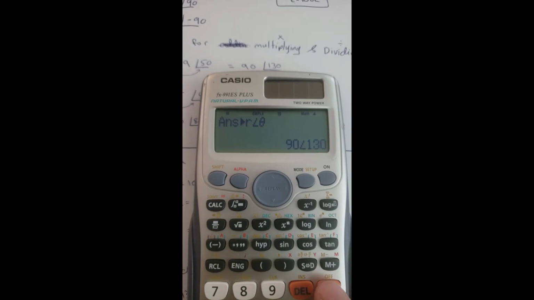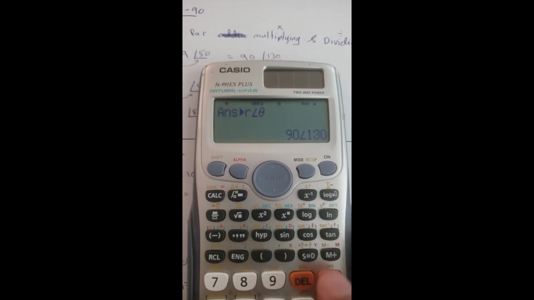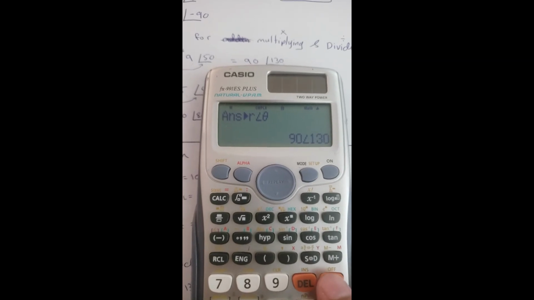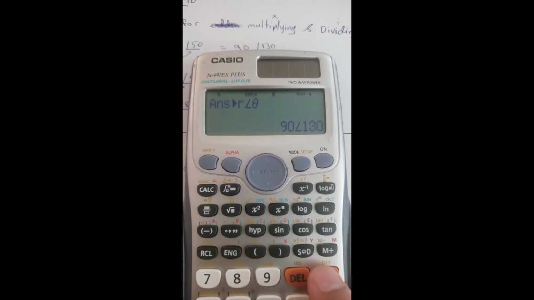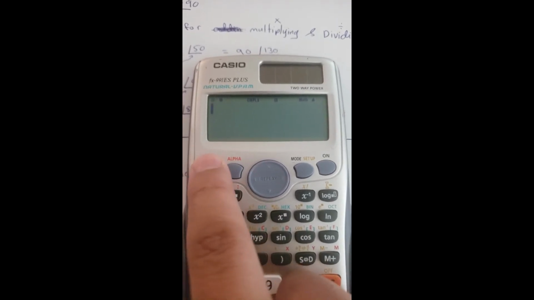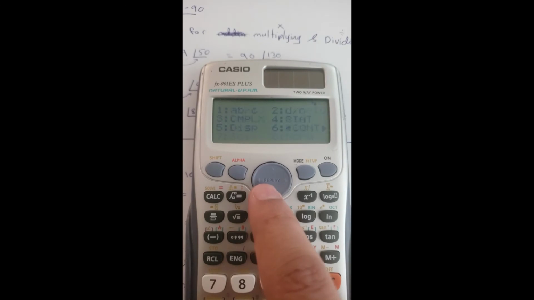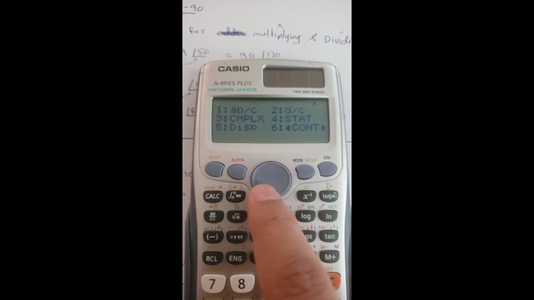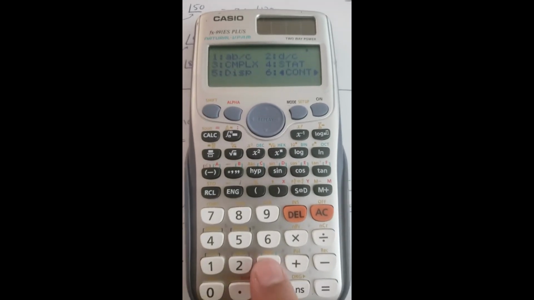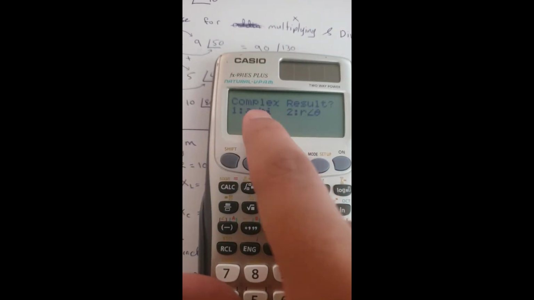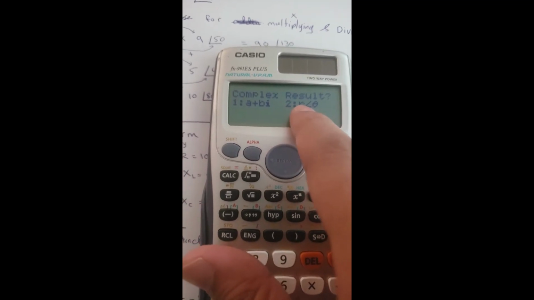Now if I want to make the mode of calculator always showing the answer in polar form, not rectangular as it was shown before, so what I have to do is just shift mode, then down, 3 complex, then show the answer always in polar form 2.